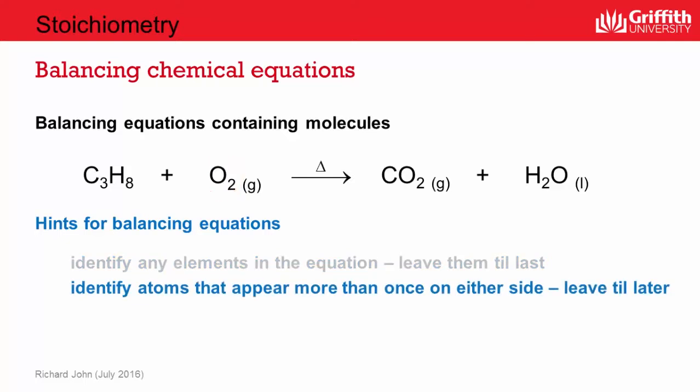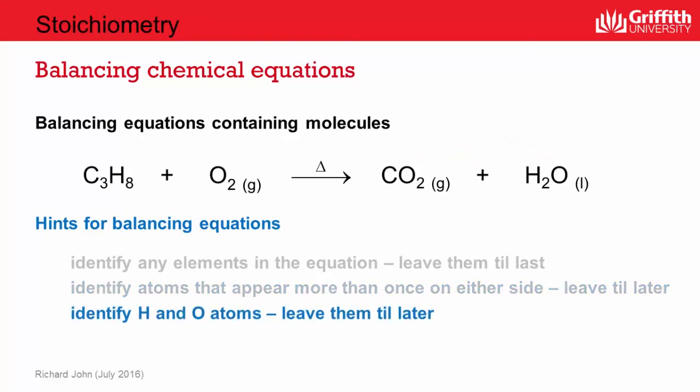Identify atoms that appear more than once on either side of the equation, and we're going to leave them till later as well. So by that I don't mean there are 8 hydrogen atoms there and it's appearing more than once. What I mean is oxygen here is appearing in 2 substances on the right hand side. So that's a reason to leave oxygen till later as well.